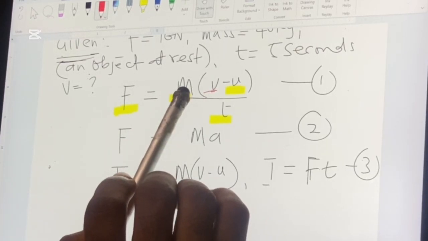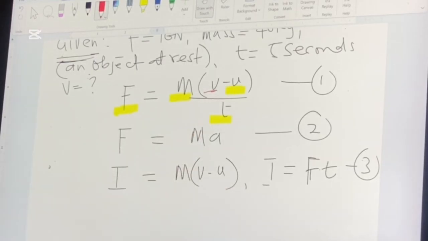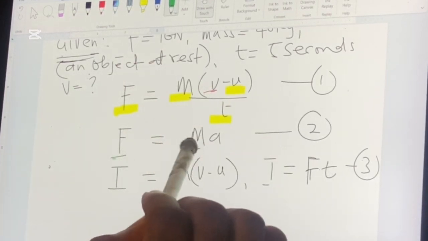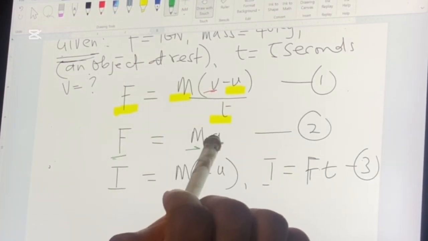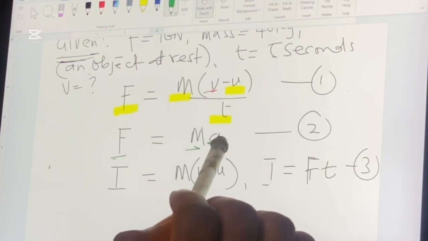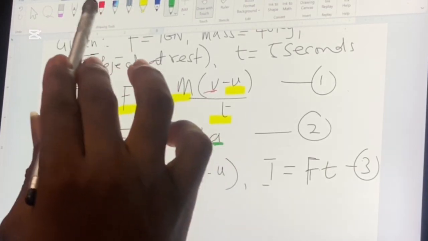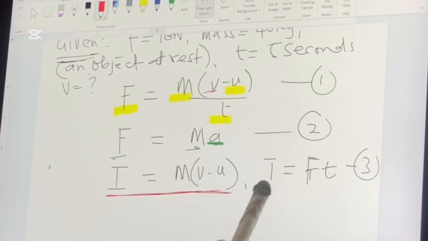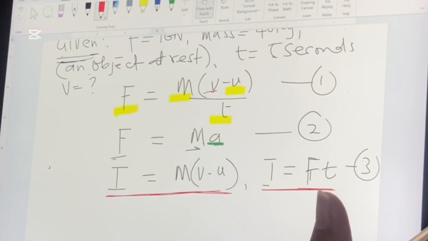If you look into the second one, force is given, mass is given, but acceleration is not given to us, and velocity is not here. This last one is mostly for impulse. Whenever you are asked to find impulse, this is the formula you use. We are not asked to find impulse in this question.